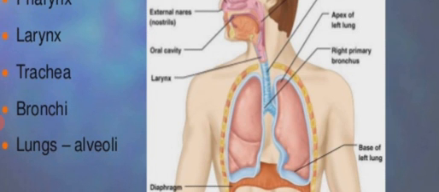Primary bronchioles divide to produce many branches called secondary bronchioles. Secondary bronchioles lead to tertiary bronchioles, and tertiary bronchioles lead to respiratory bronchioles, and respiratory bronchioles end up with the units of the human respiratory system called alveoli, which you have already studied in your PU classes.